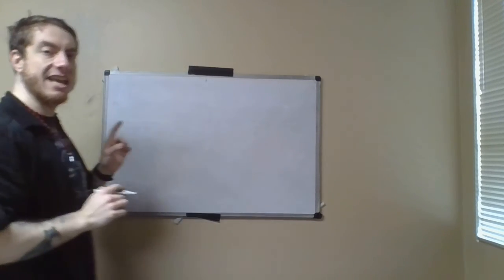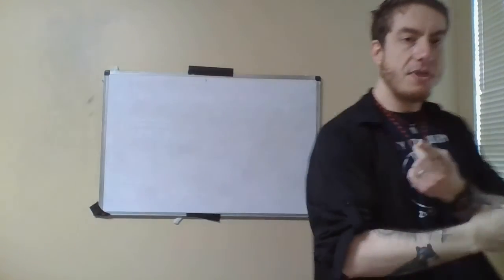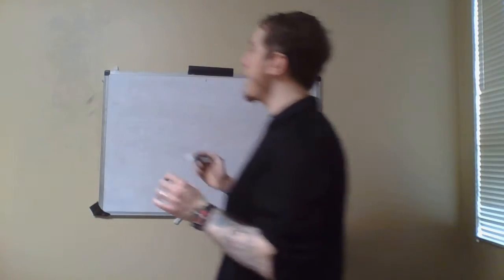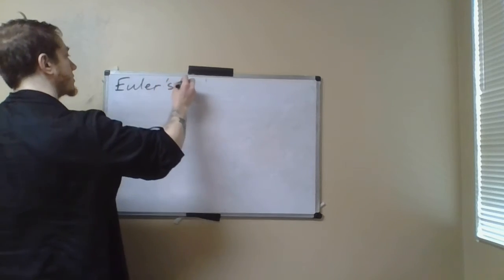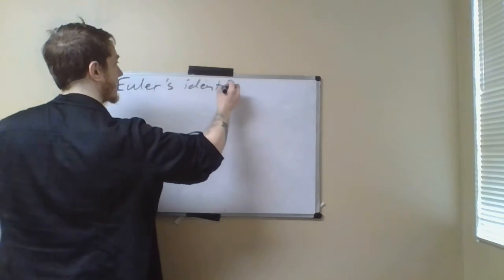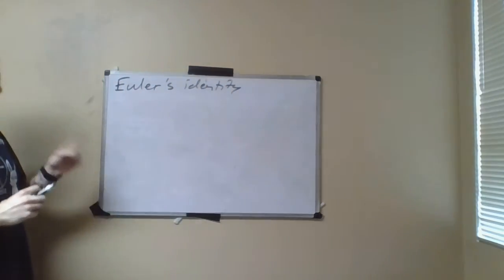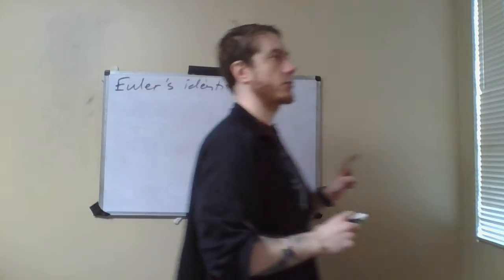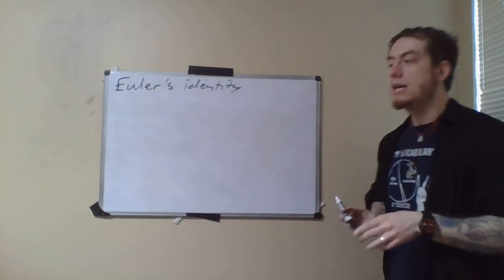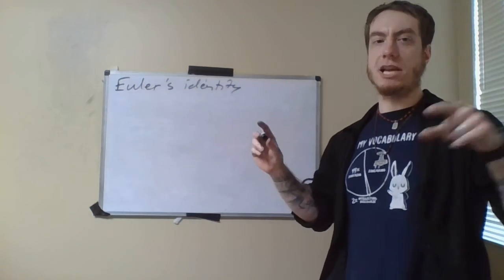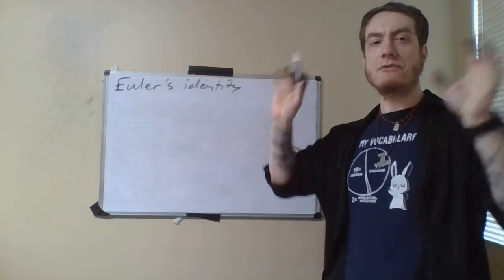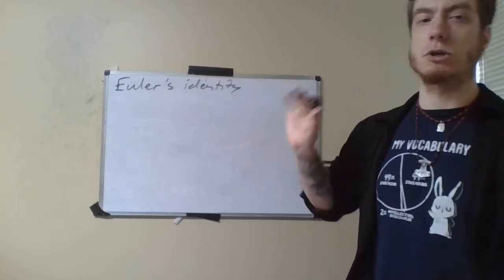What I want to say is that there's this identity. It is not really obvious, but it's a very important identity known as Euler's identity. I'm not sure if Euler was the first person to realize this or not. This is the complicated thing. Sometimes we have to be able to tell the difference between which identities we're talking about.